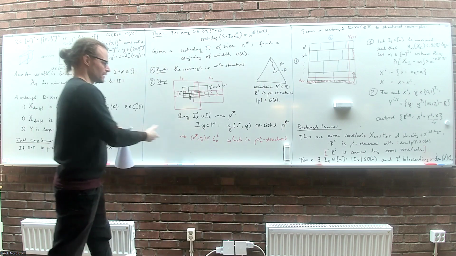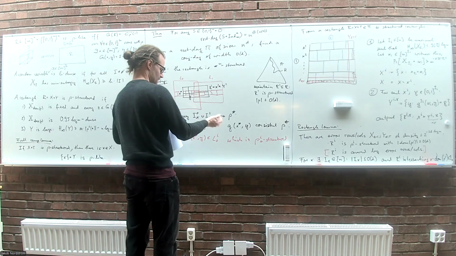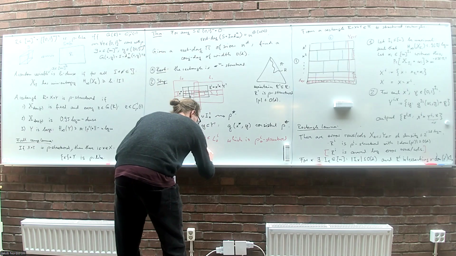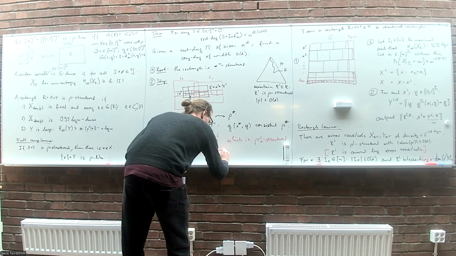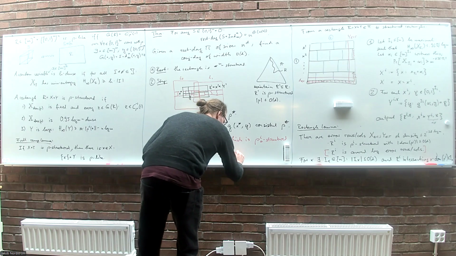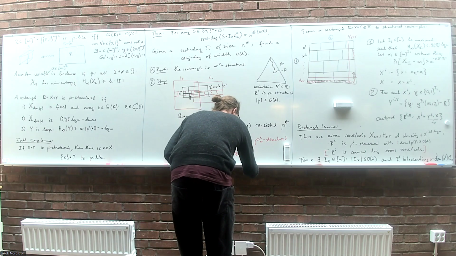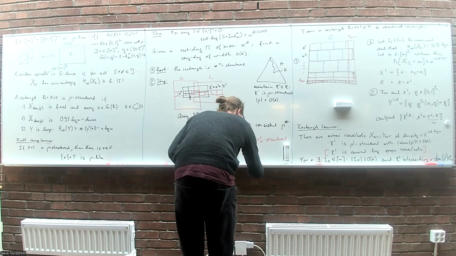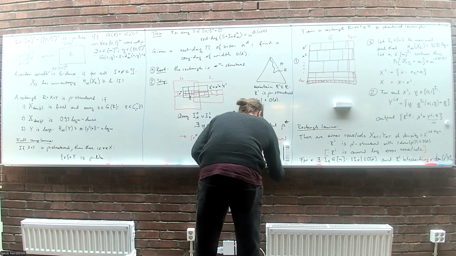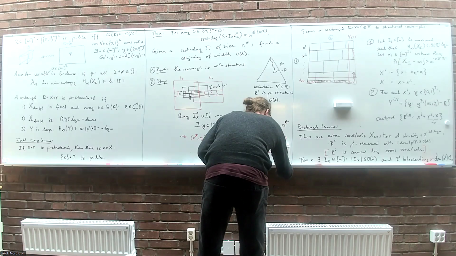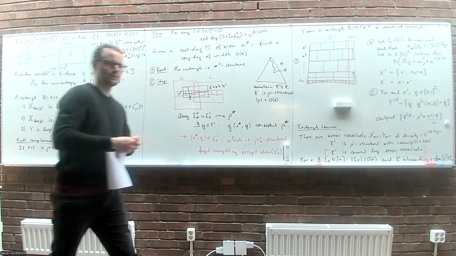Okay. So now in this final step, we forget everything except the domain of rho in the resolution.